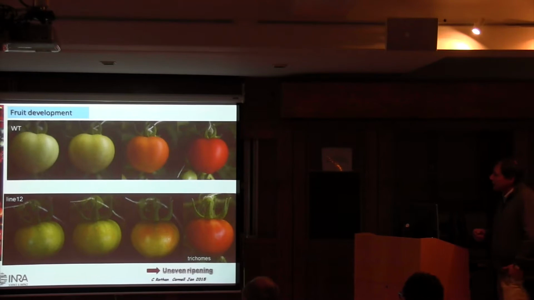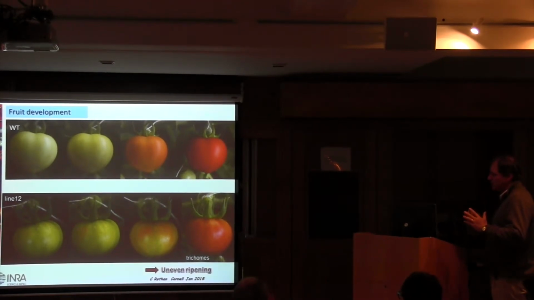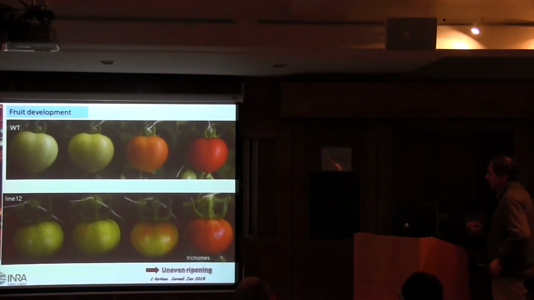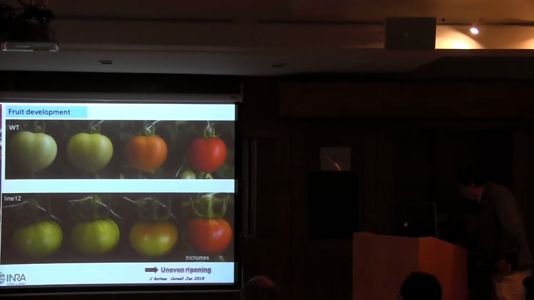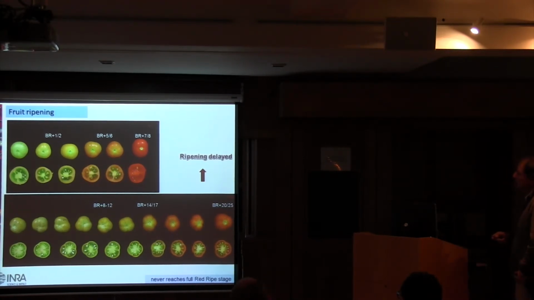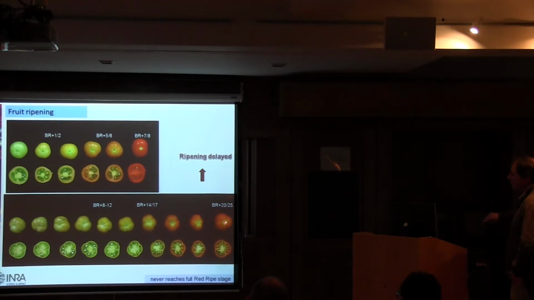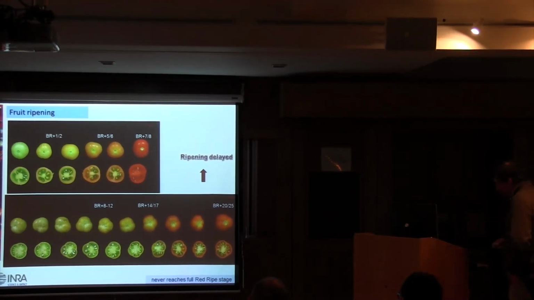But what we clearly see also, and we couldn't separate this trait from this pericarp thickness trait, is that we have this difference in ripening, and we have uneven ripening in the mutant. And looking more in detail at ripening, what we could see is that actually it takes much more time after breaker stage to reach red ripe stage in the mutant.